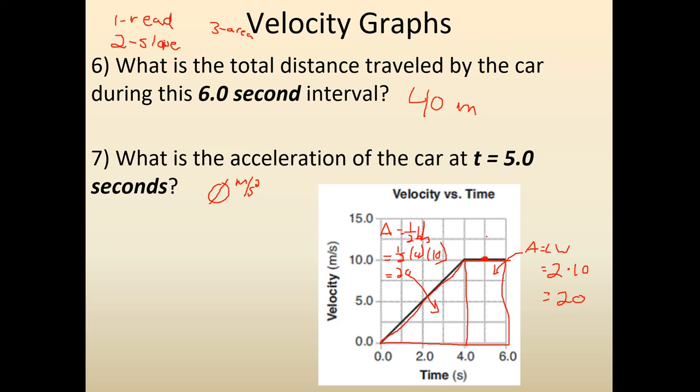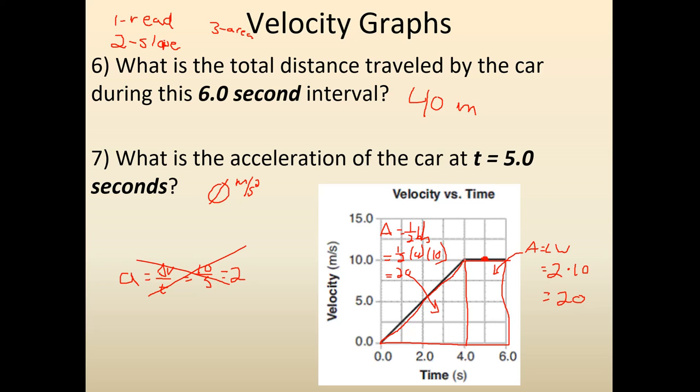So going back to here, a very common thing that people would do is they would say, oh, well, acceleration is change in velocity over time. My velocity is 10, the time is 5 seconds, so the acceleration's 2. But this is completely wrong, mainly because these are two different motions.